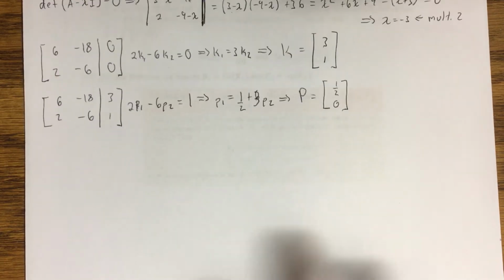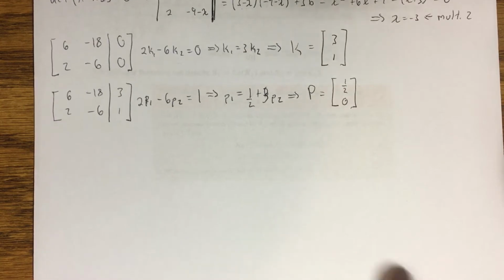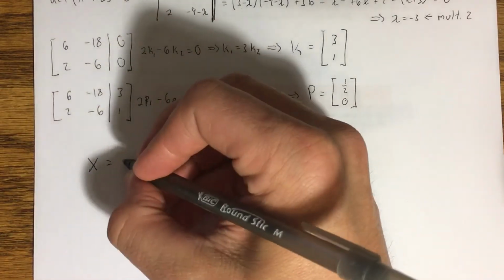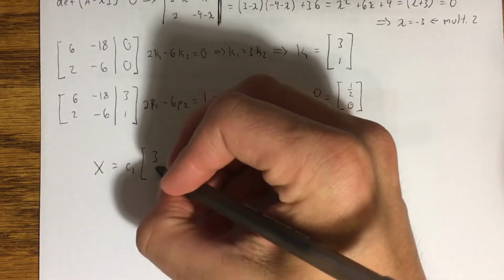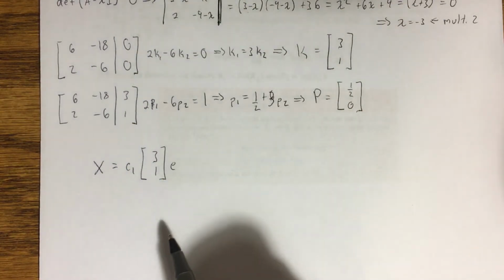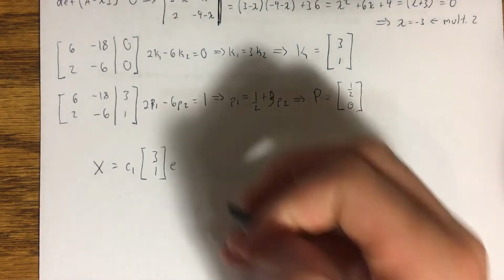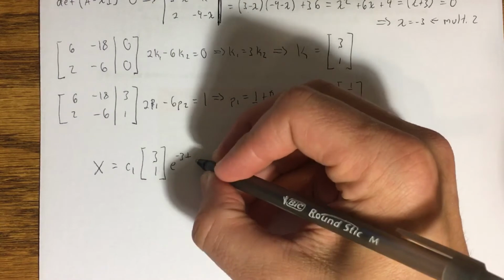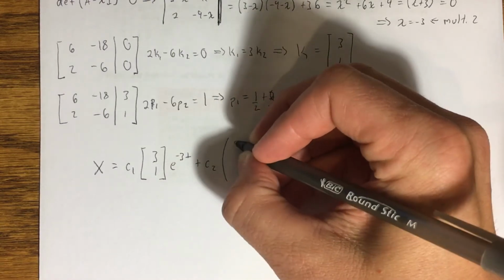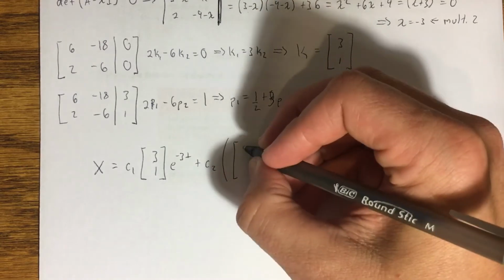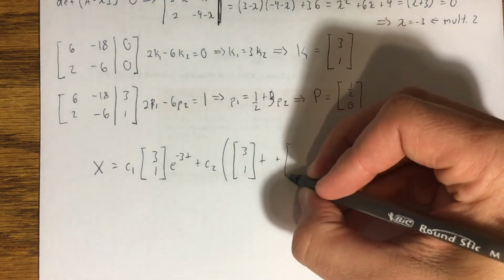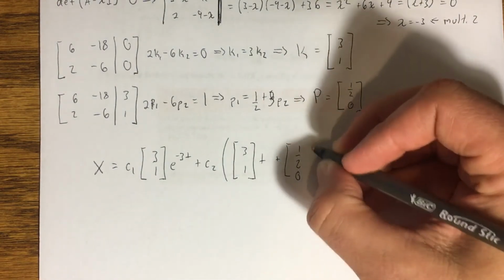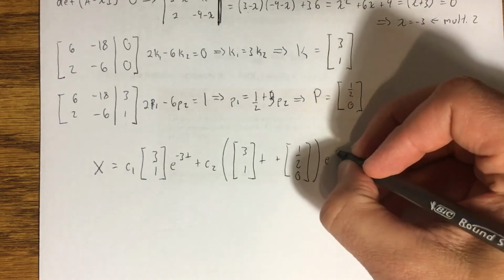So the theorem that we talked about would say that our solution to this, x, is equal to c1 times x1, where x1 is this eigenvector here, (3, 1), times the exponential using our eigenvalue, which was negative 3 in the exponent, e^(-3t), plus c2 times k, which is (3, 1), times t, plus p, which we found to be (1/2, 0), all times e^(-3t).